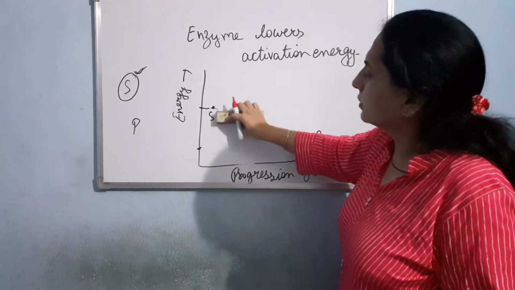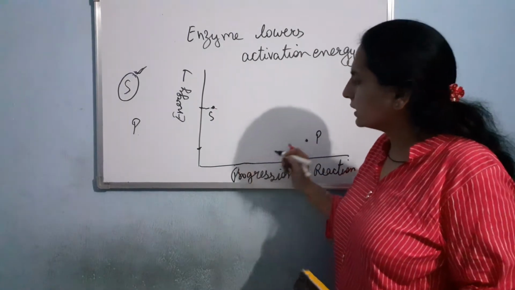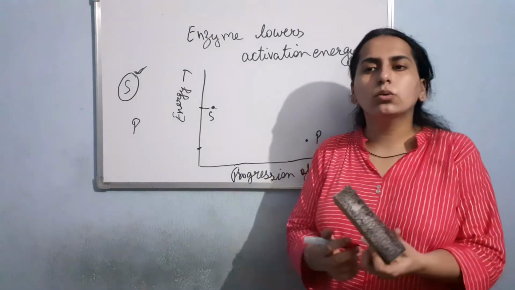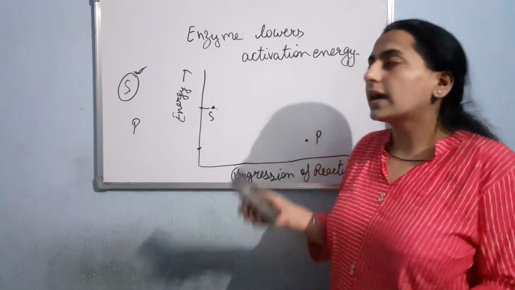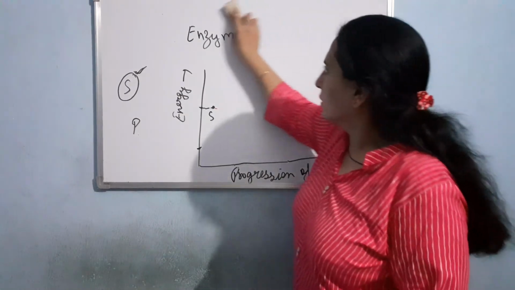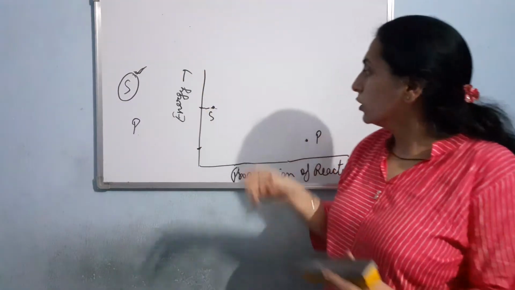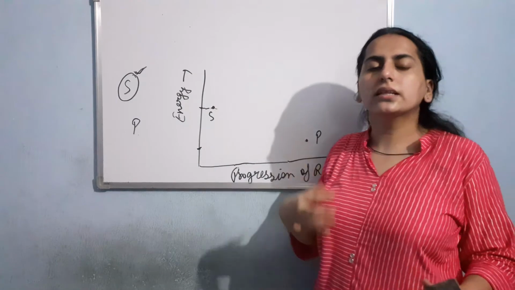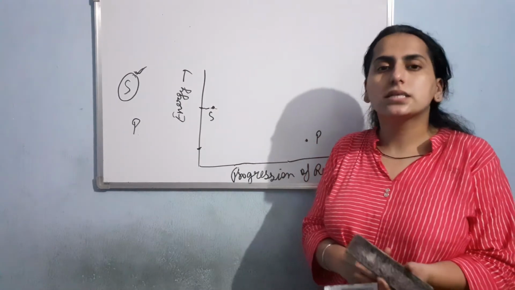This you have done in your chemistry lectures also, that firstly the substrate will change into transitional states, intermediate states that are not stable. Not stable means they are having more energy. Okay, so this substrate will not directly change into product. Firstly, there will be formation of transitional states that would be unstable.